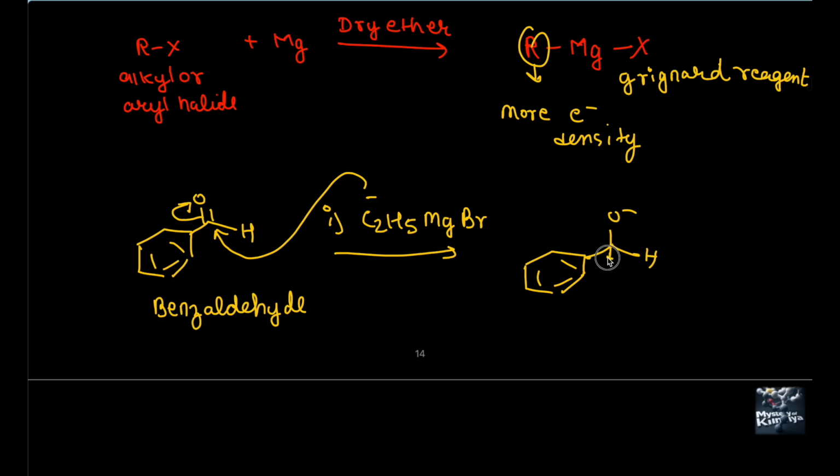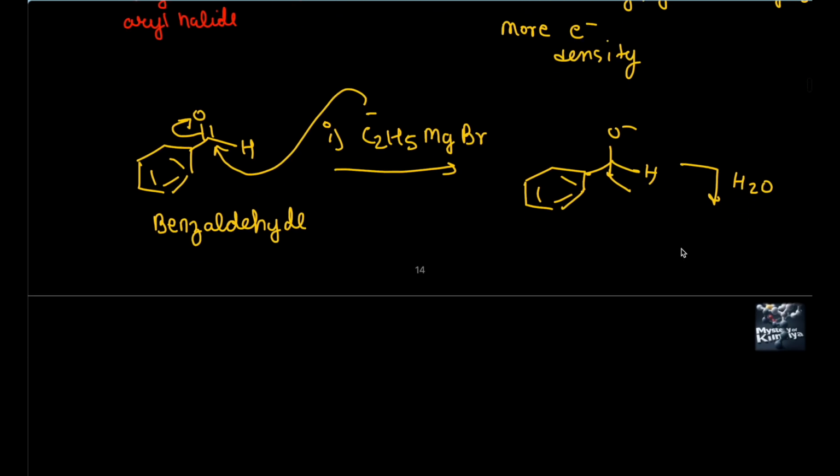Here we have two carbons, an ethyl group. In the next step we add water so that the alkoxide so formed gets the proton. This is the phenyl, which we can write as Ph. In this case we got a secondary alcohol.